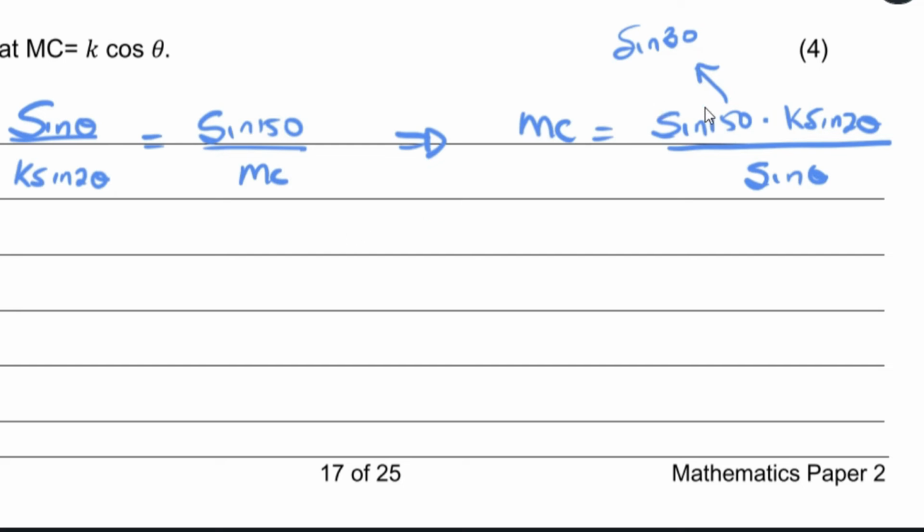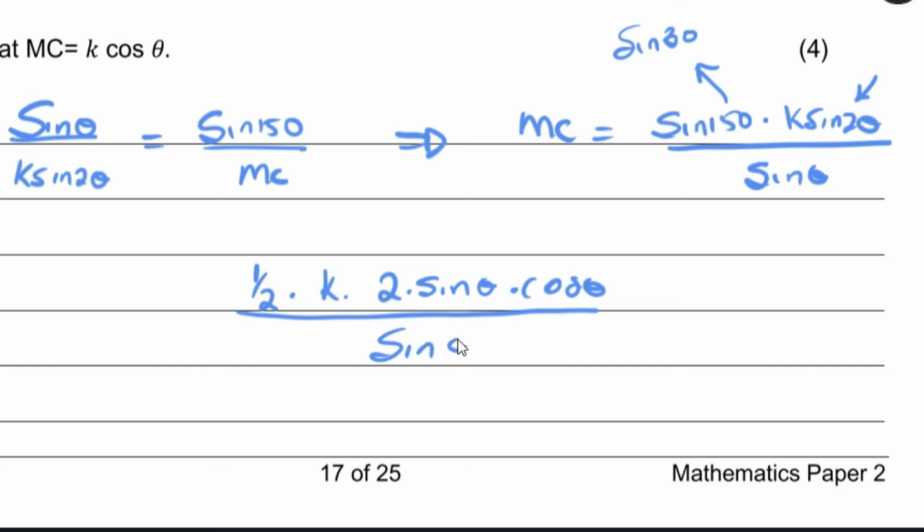So since sine 150 gives you sine 30, which is equal to half, this here will be K times, that is a double angle identity, so sine 2 theta can be rewritten as 2 sine theta cos theta, all over sine theta.